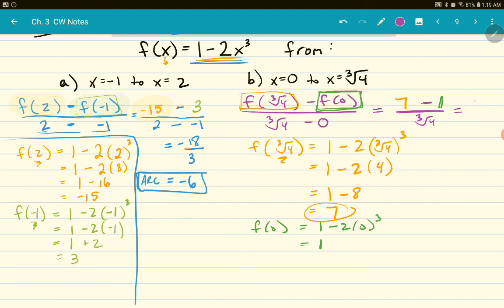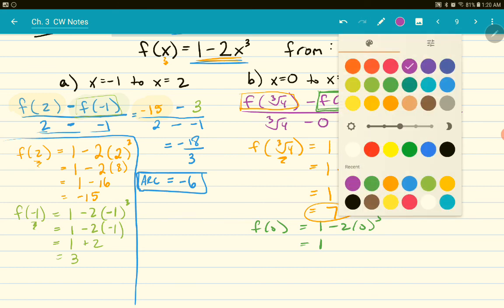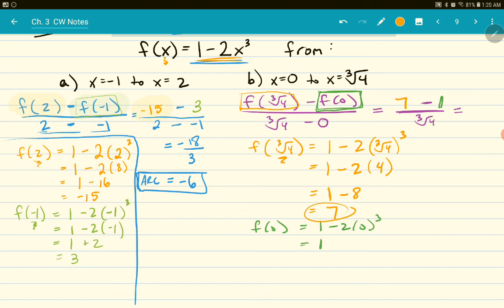So 7 minus 1 is, oops, sorry, this is 1 minus 8. You probably caught that. Should be a negative 7, not a positive 7. So that should be a negative 7. And that gives me a negative 8 over cubed root of 4. So there is my answer for part B.